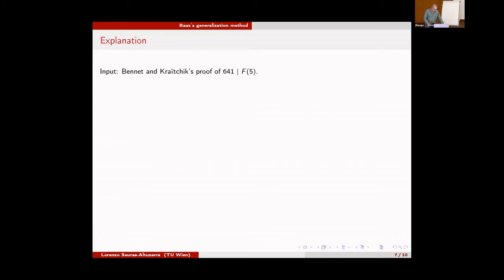Okay, so I will do it with a concrete example that is the Bennett and Krejcik's proof of 641 dividing the fifth Fermat number. By the way, I was telling you that this method is designed to be applied on universal sentences, or even with constants.